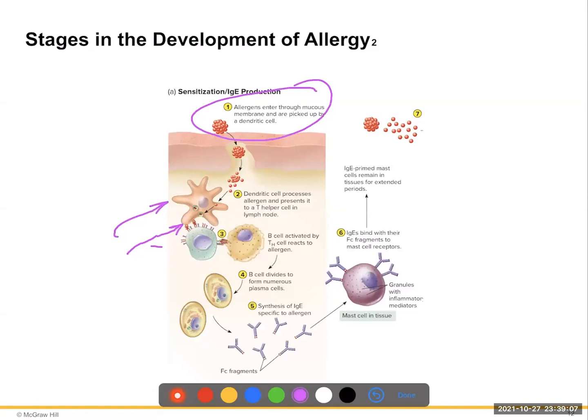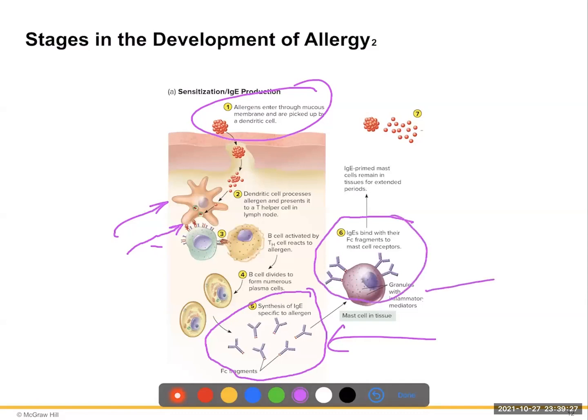B cells then go on to divide to form specific antibodies. Okay, those are IgE antibodies found in the plasma. These guys here are your memory. They're going to cause an allergic response the next time you get exposed to it. Okay, so if you get exposed to it, the IgE binds to the fragments and it marks these as foreign, and the granules with inflammatory mediators get released, and you get your inflammation, you get your allergic response.